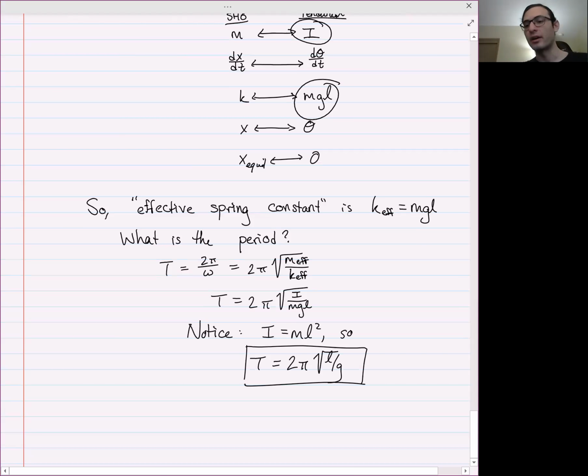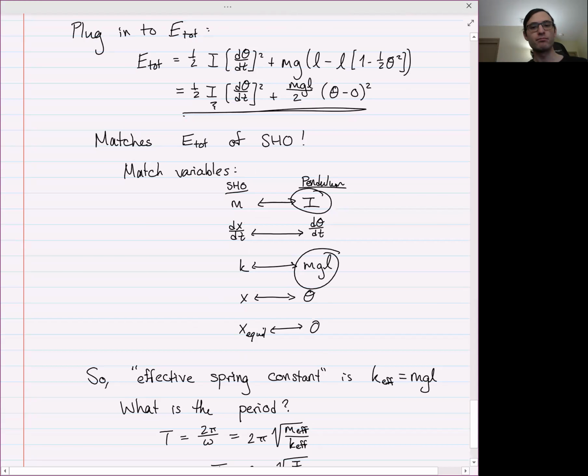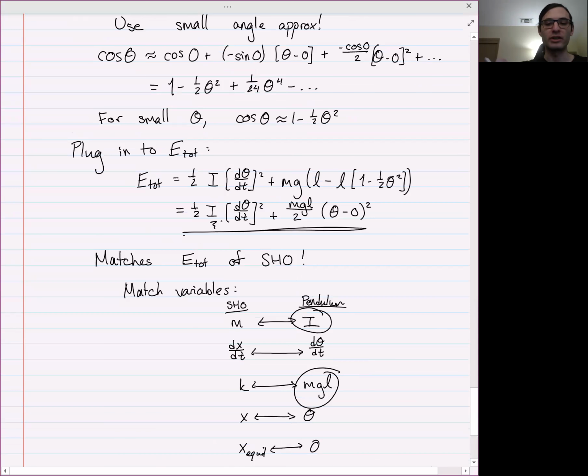So the takeaway of this whole business, and I'll be done in just a minute, is that if you can write the energy of any system, using some sort of approximation, so that its total energy matches the form 1/2 times some constant times the derivative of something squared, plus 1/2 times another constant times that thing that you took the derivative of minus a number, quantity squared.